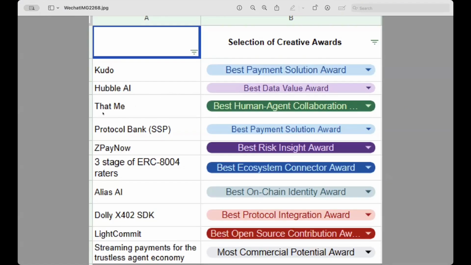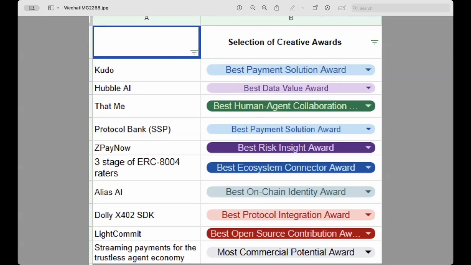And next is SatMe, the Best Human Agent Collaboration. Sorry, I can't see the rest of the name of the award. Anyway, congratulations to them.